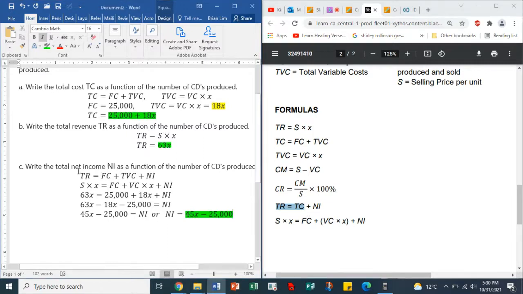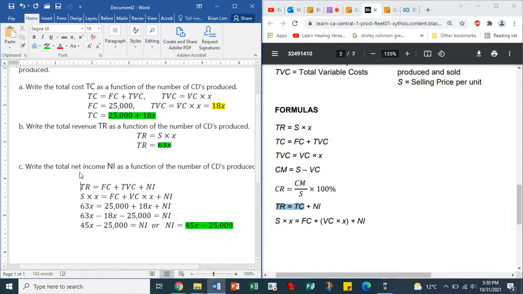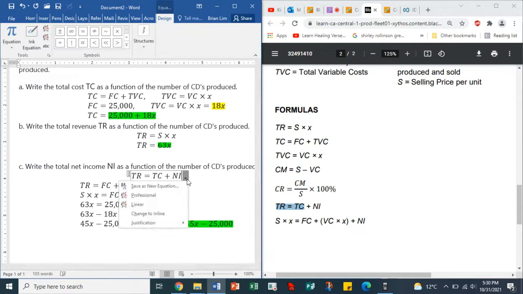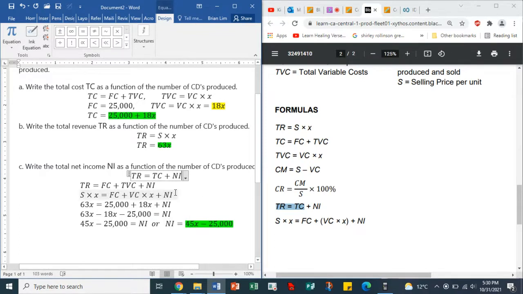Up here we could actually go back and maybe adjust things a little bit and put in one more formula: TR is equal to the total cost plus the net income. So that is what follows there.